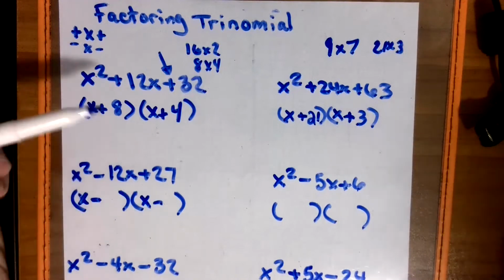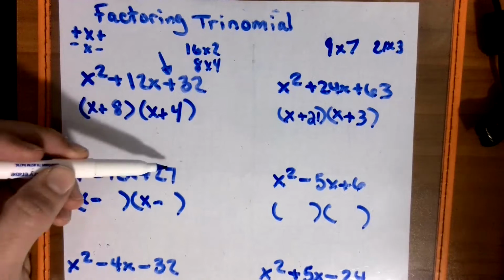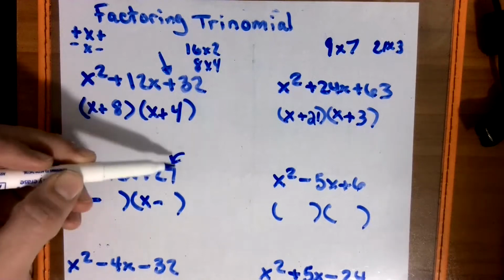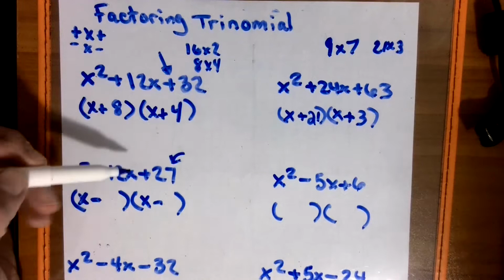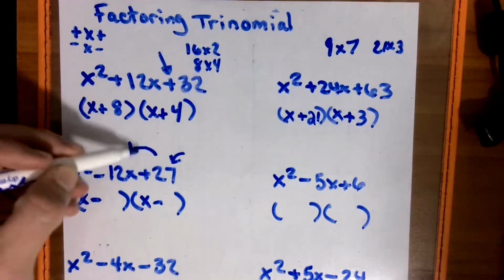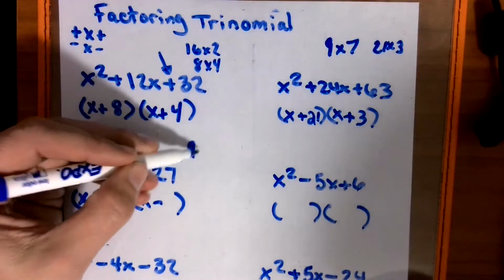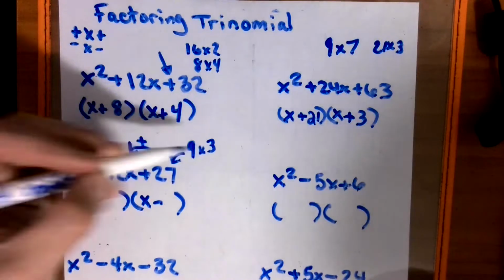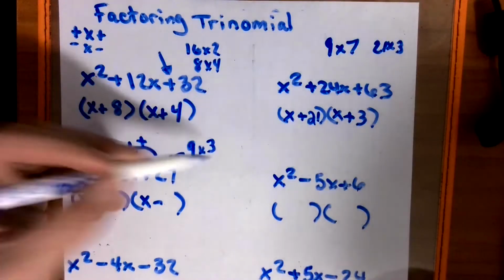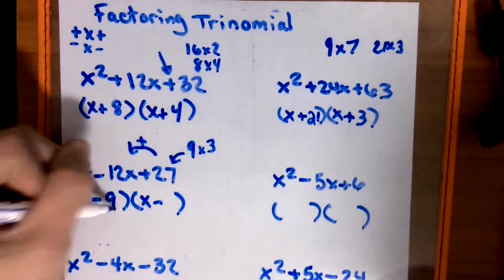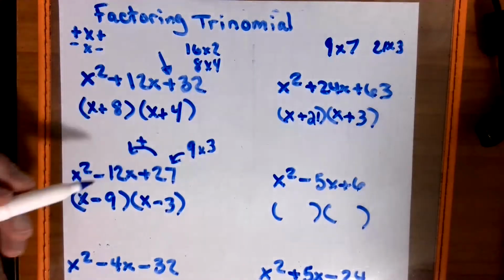Now it's treated the same way, so we have to say what times what gives us 27, that adds to 12. So what makes 27? My first thing I think of is 9 times 3. So let's see, 9, 10, 11, 12. That makes it. So we're going to have a negative 9 and a negative 3.